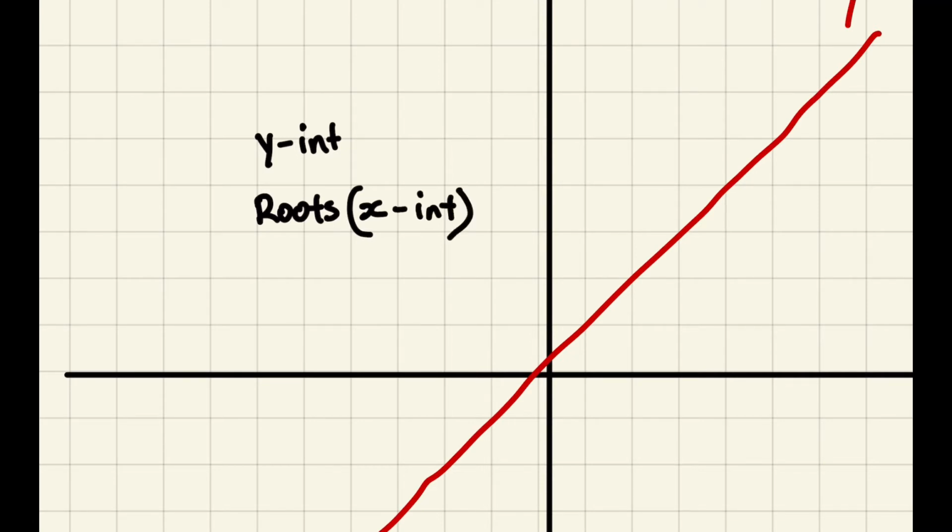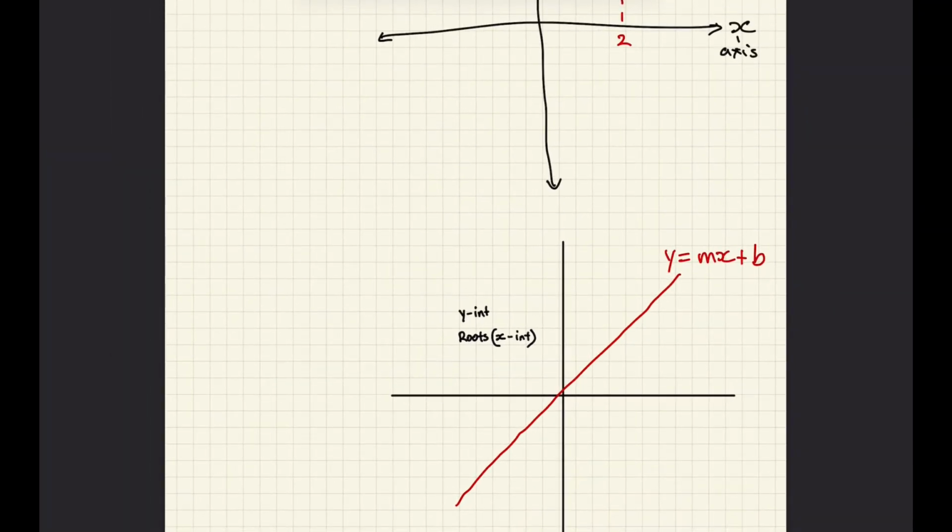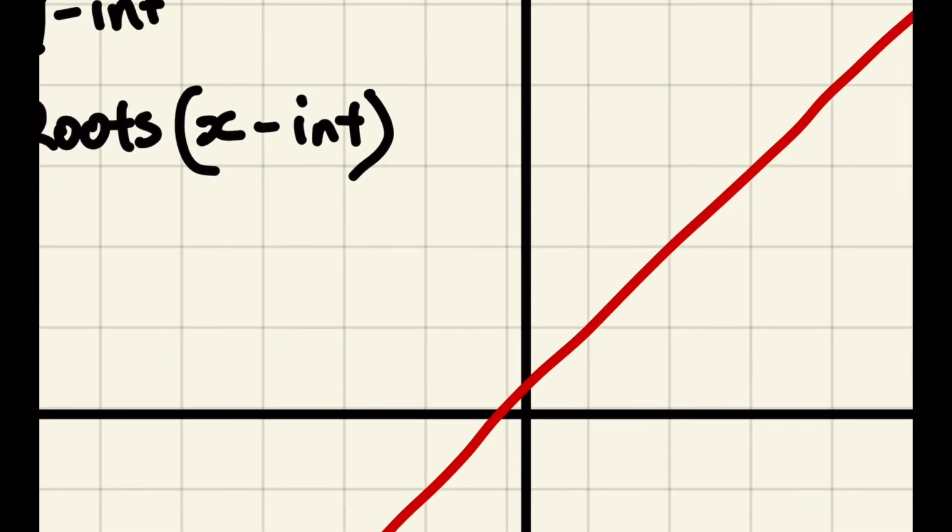That's the shorthand for intercept. So this part here is the y-intercept. So what that means is that this part here is where the line crosses the y-axis. So this is the y-axis, and it crosses it here.